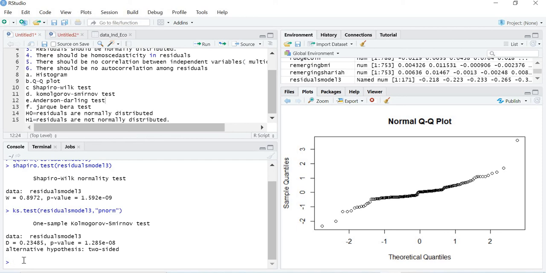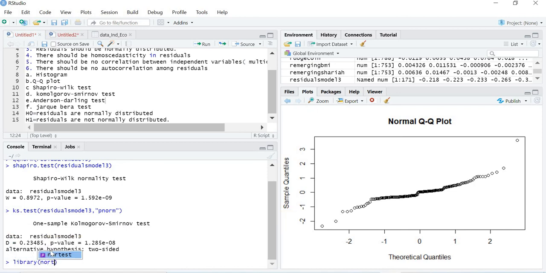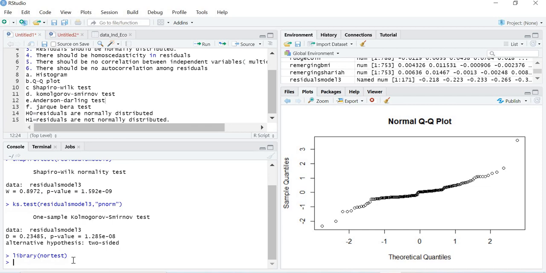Now let's come to the fifth method, that is the Anderson-Darling test. Before running this test, we need one package, that is nortest. So I am going to load library(nortest). It is the package for tests of normality. You have to install this package, and once you have installed it, you have to load it.